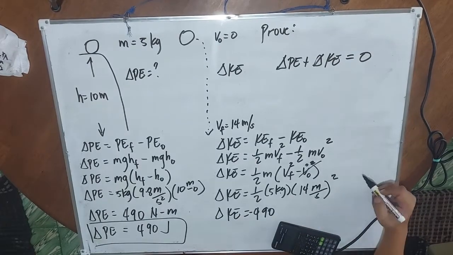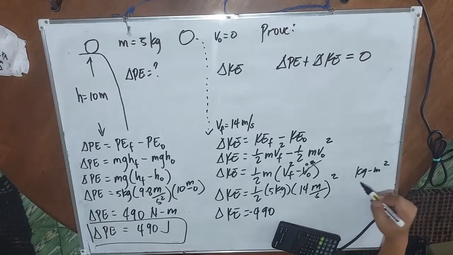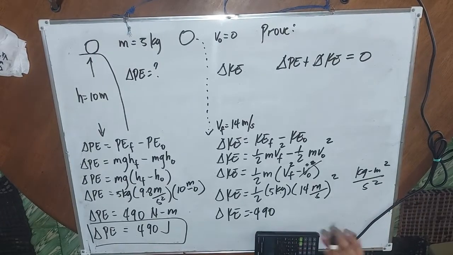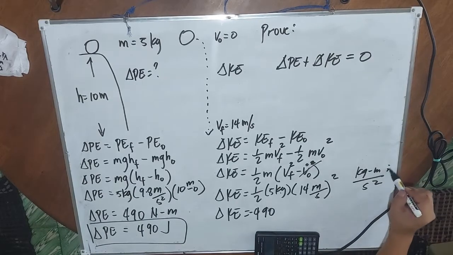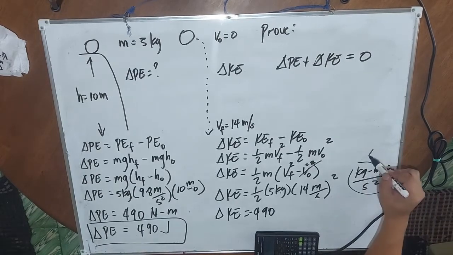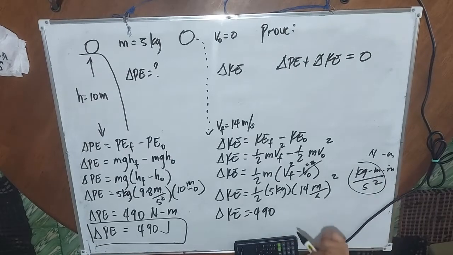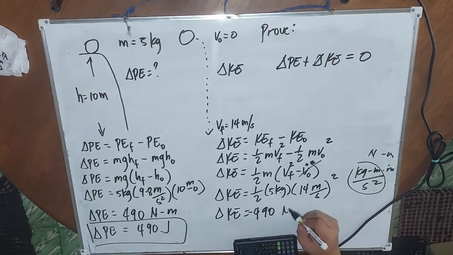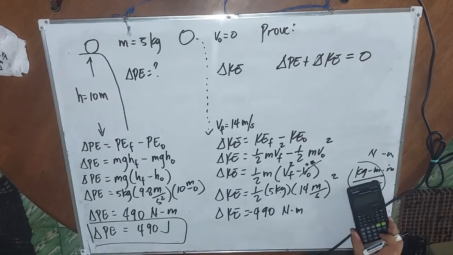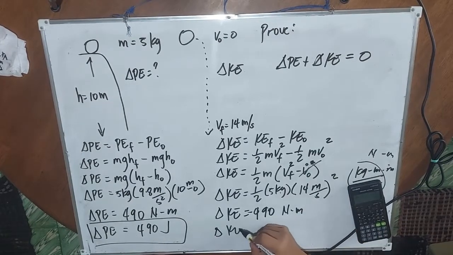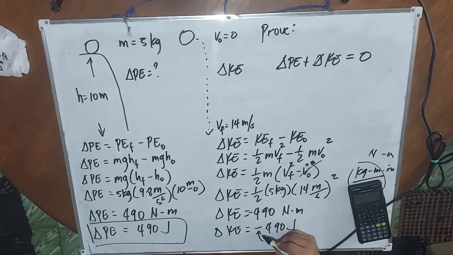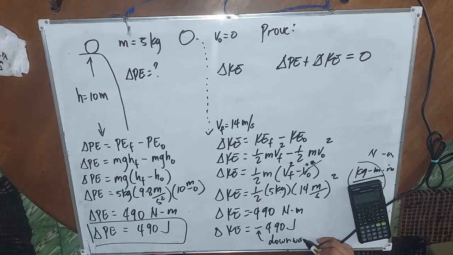The unit that we will have in here is kilogram meter squared over second squared. Or kilogram meter per second squared times meter, this is equal to Newton meter pa rin. Diba? So, negative 490 Newton meter, or the change of kinetic energy is equal to negative 490 joules. The negative sign denotes that that object is moving downward.